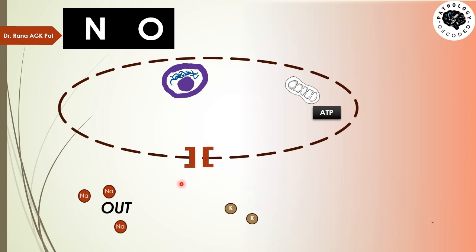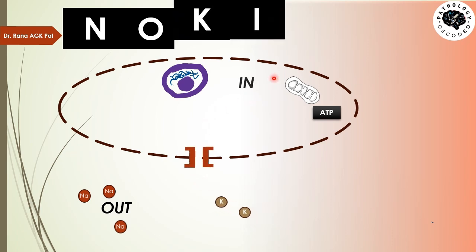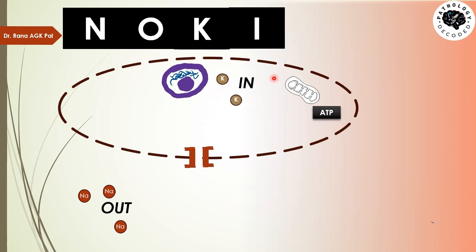So sodium is stated by N, and since it is going out, let's say it is O. So we have got two letters, N and O. At the same time, this pump will also help potassium molecules to come inside the cell. So potassium is K, and it is going in, so let's say it is with the I. To do this function, this pump needs energy, because it will be working against the concentration gradient.